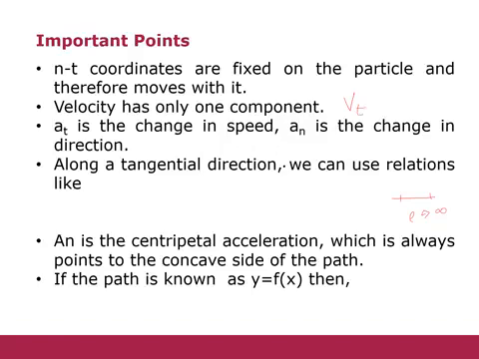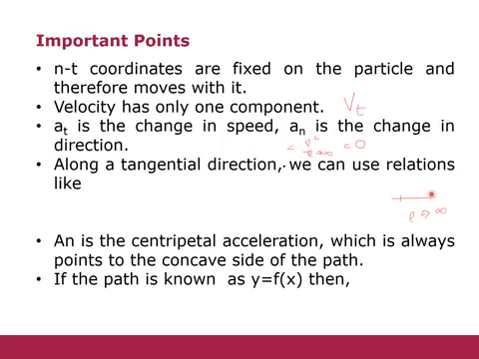As I have said, the normal component of the acceleration is equal to v square by rho. If rho approaches infinity, then the whole thing becomes zero. That is why we have only one component of the acceleration, which is a_t, in the rectilinear analysis.